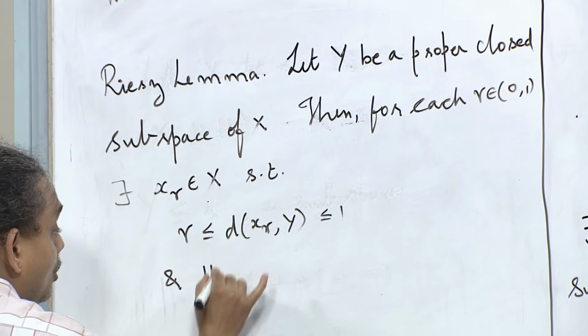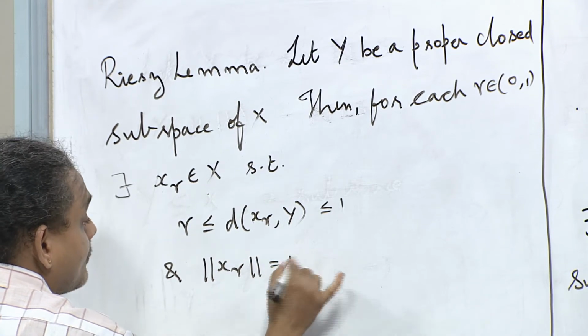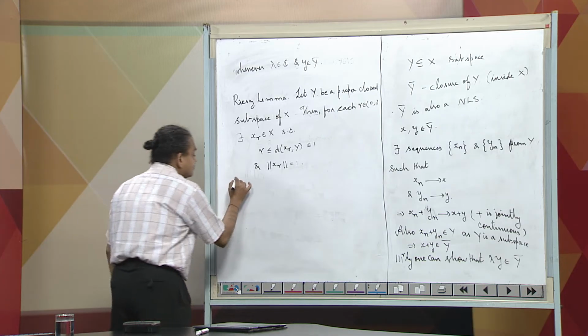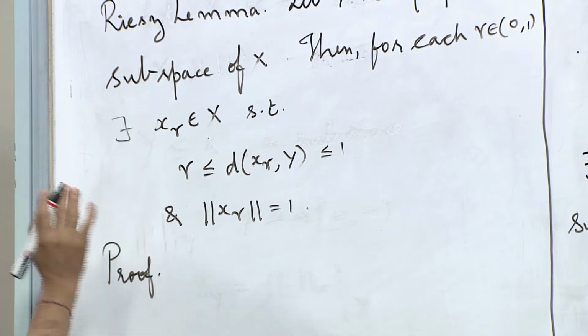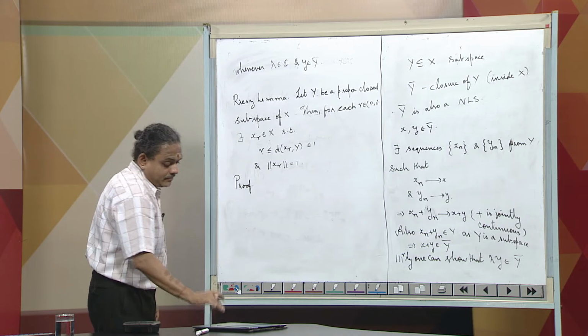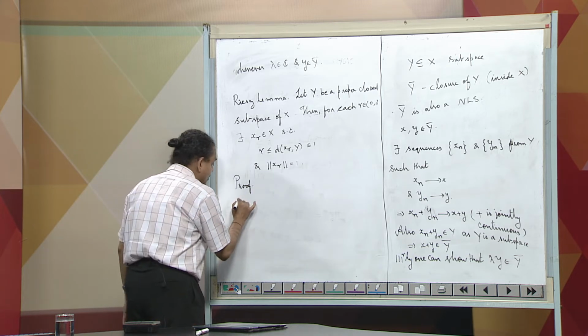The norm of all these x_r's you can very well choose to be 1, because you do not have to worry about its norm, it is always going to be 1. That much you can always choose. So, first thing, let us make a simple observation.